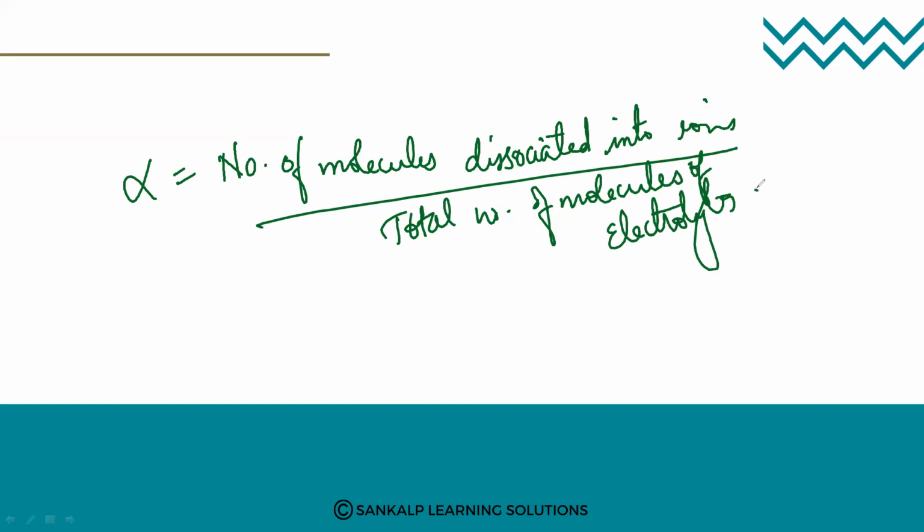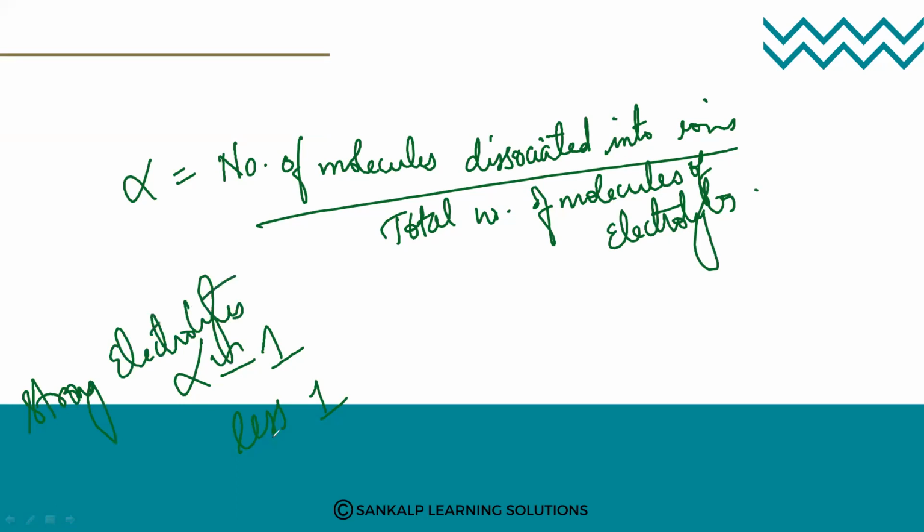For strong electrolytes, alpha will be equal or approximately equal to 1, and for weak electrolytes it will be less than 1. So this is about the degree of dissociation. These are some of the terms. We'll be discussing a few more.